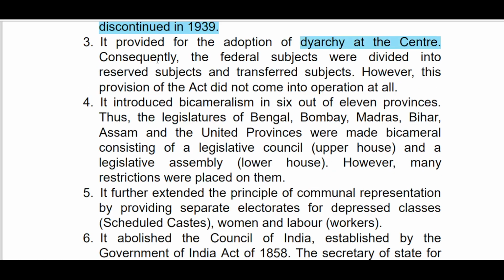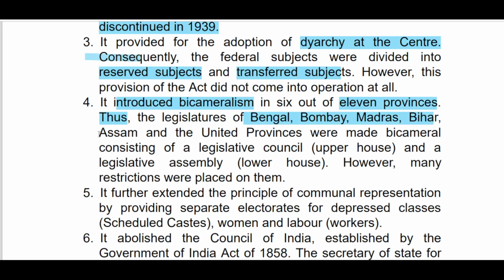The third point is that it provided for the adoption of diarchy at the center. Consequently, federal subjects were divided into reserved subjects and transfer subjects. However, this provision of the act did not come into operation at all. It introduced bicameralism in 6 out of 11 provinces.